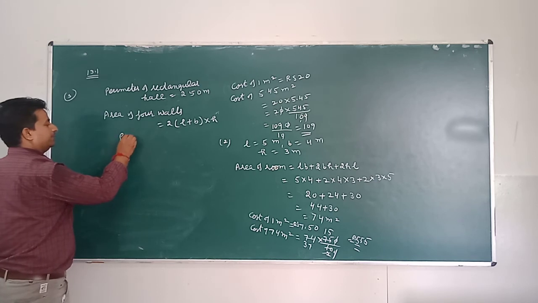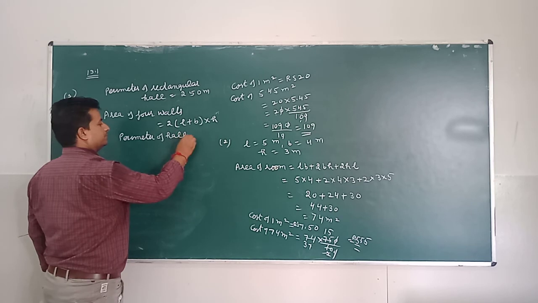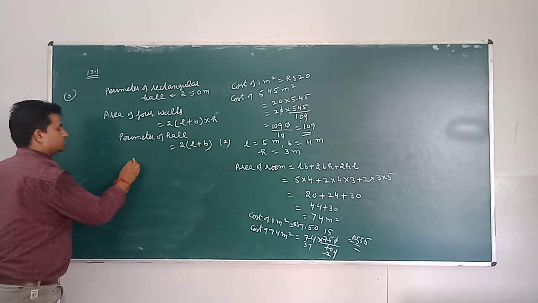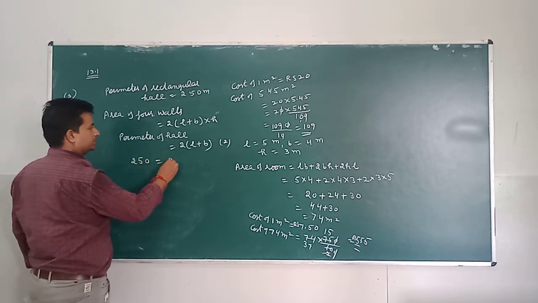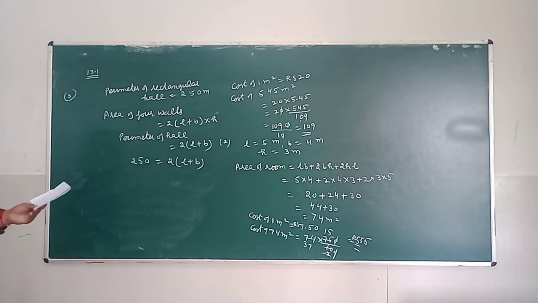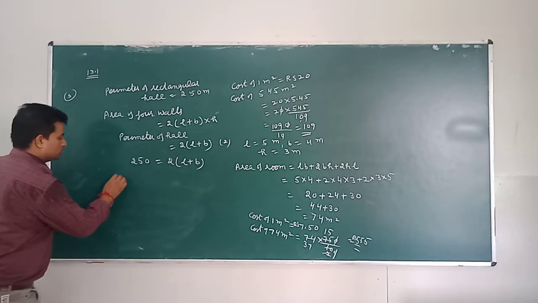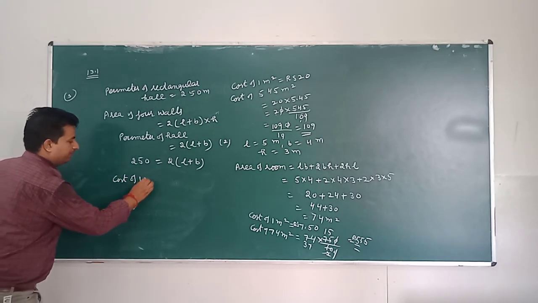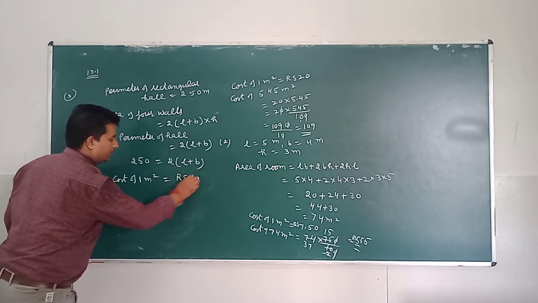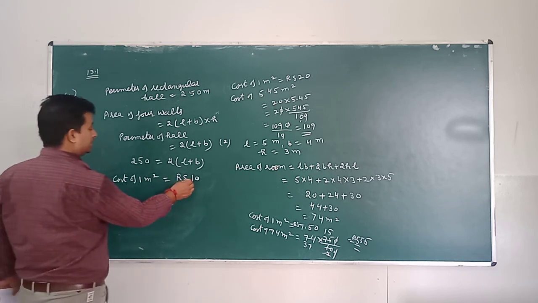And perimeter of hall is 2 into length plus breadth, which equals 250. So this is L plus B. So cost of 1 meter square is rupees 10.